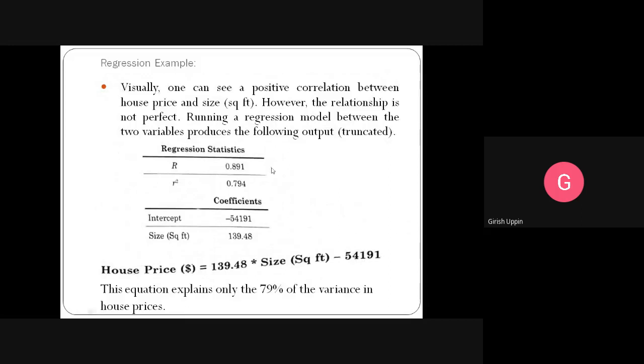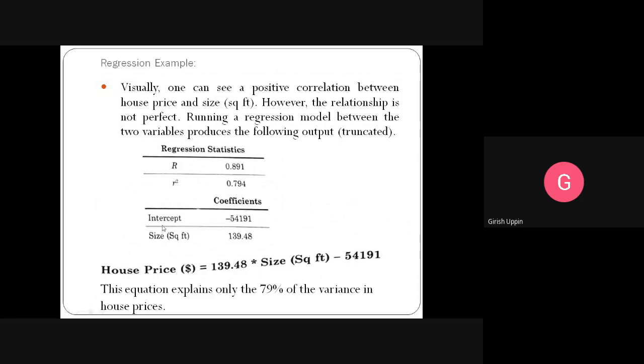If you run a regression on top of that, it will produce these particular stats, where r is equal to 0.891, and r square measures how well the best fitting curve explains all the data points. It explains about 79.4% of the data.